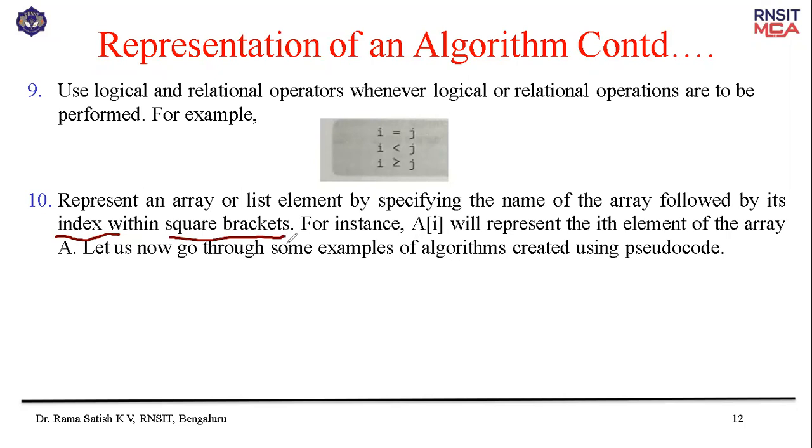It is very similar to the C program construct, that convention that you are using when you're writing algorithm pseudocode. So A of I will represent the ith element of the array A, and that's the 10th convention.